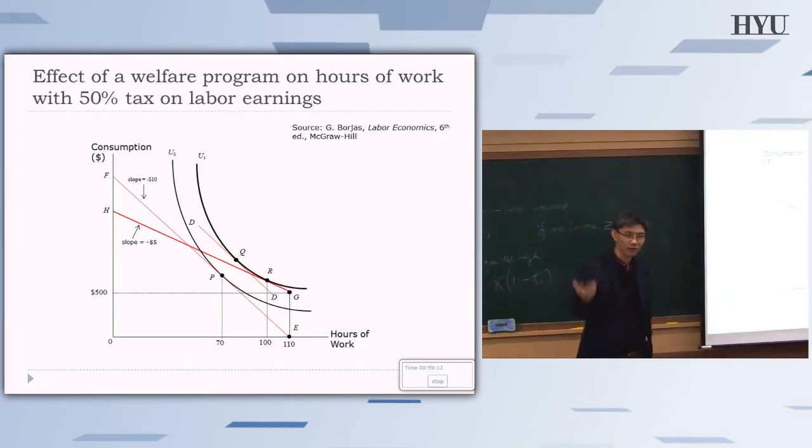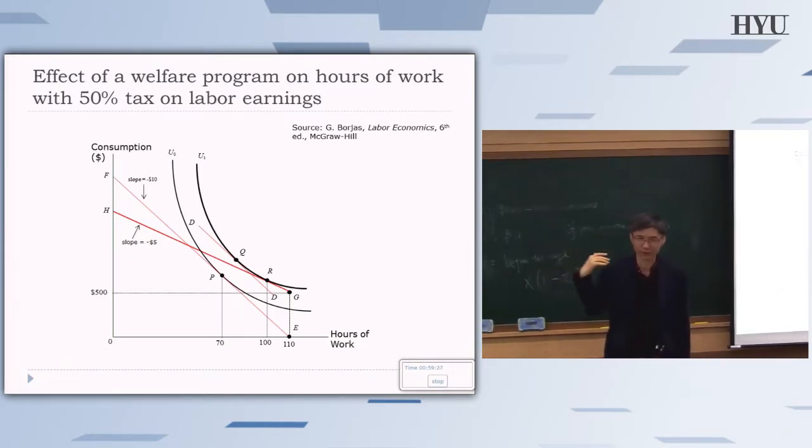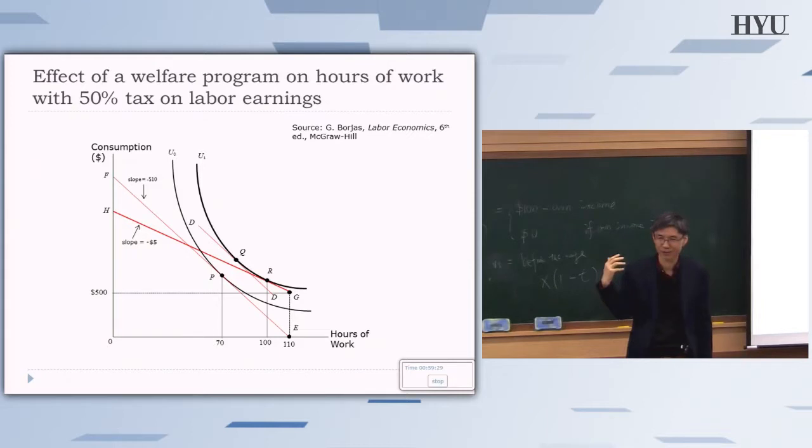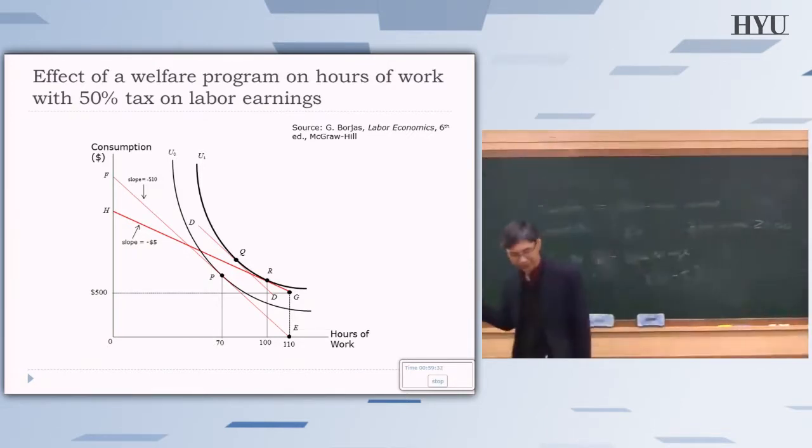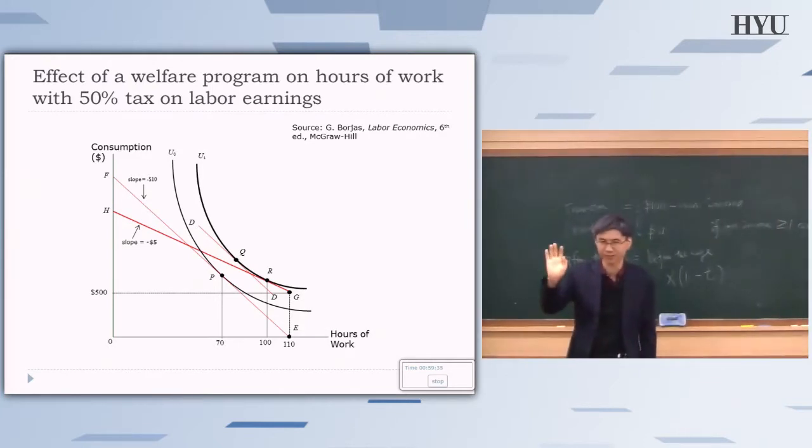If there is such a program, it's not really welfare. It's some type of different program. If you want to know more about different programs, you should take another of my courses, social policies and programs, where I will teach more.